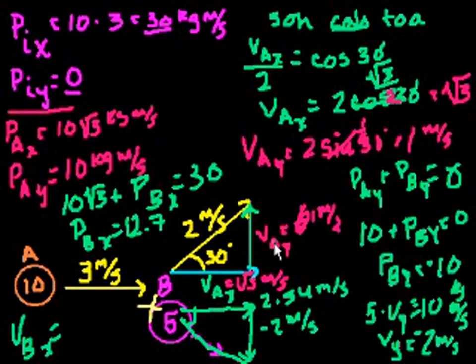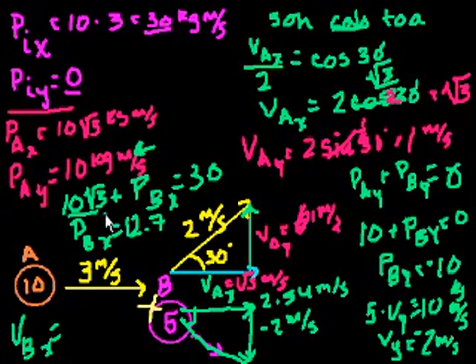And we used that to figure out A's momentum in each direction. The momentum in the y direction must be 1 meter per second times A's mass, which is 10 kilogram meters per second, which I wrote here. And A's momentum in the x direction is square root of 3 times 10, that's 10 square root of 3.